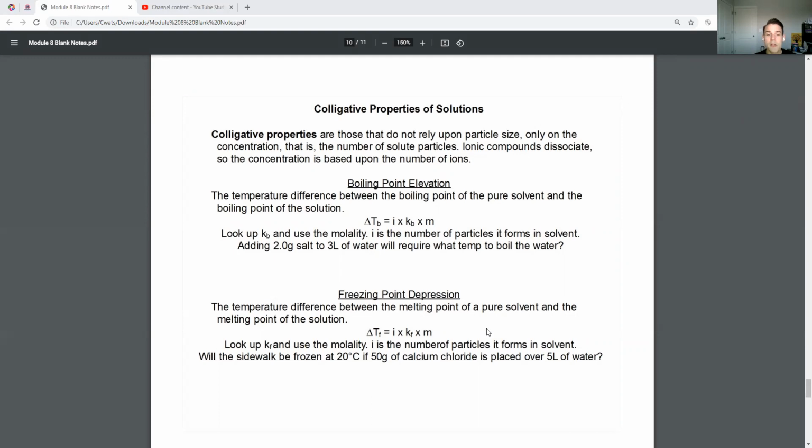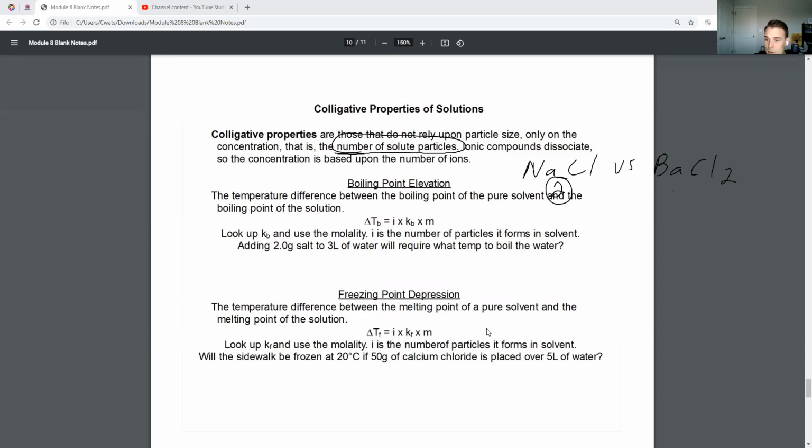Boiling point elevation is the temperature difference between the boiling point of a pure solvent and the boiling point of a solution. You can add ionic compounds in to actually increase the boiling point of a liquid. And it has to do with, again, the number of solute particles. So if I was to look at salt versus barium chloride, I have to see how many particles these things break up into.